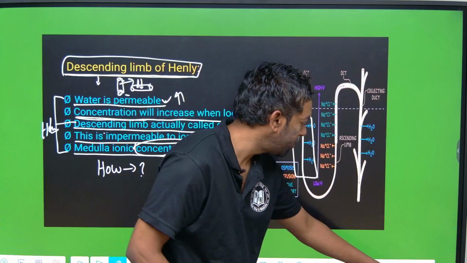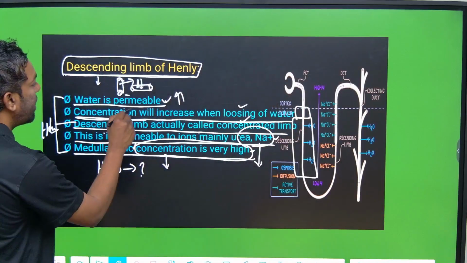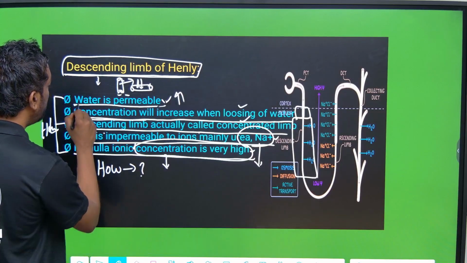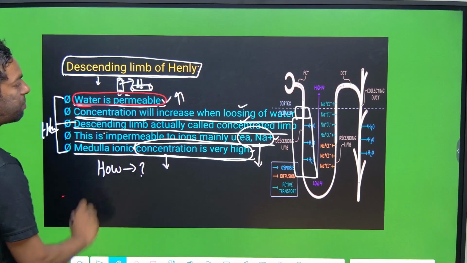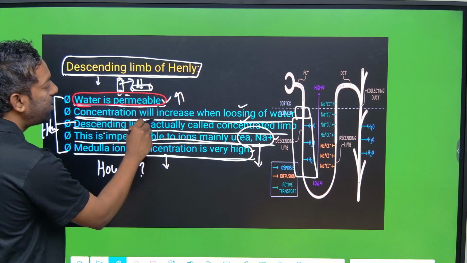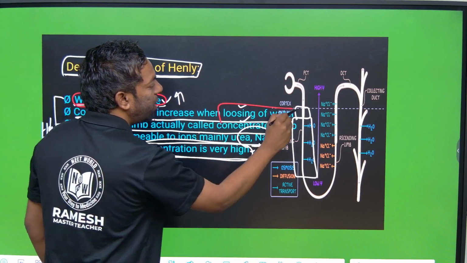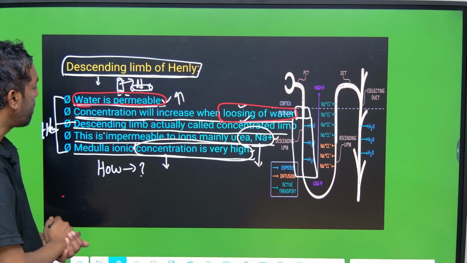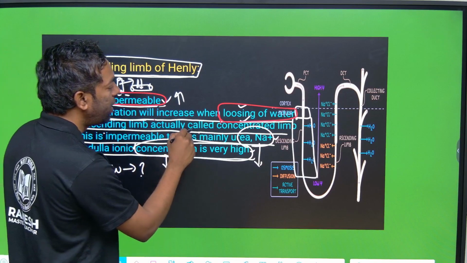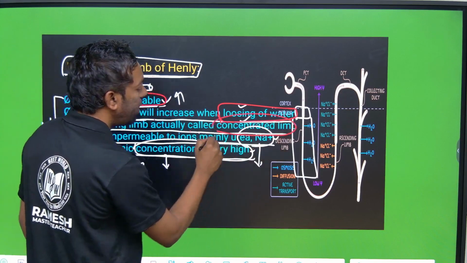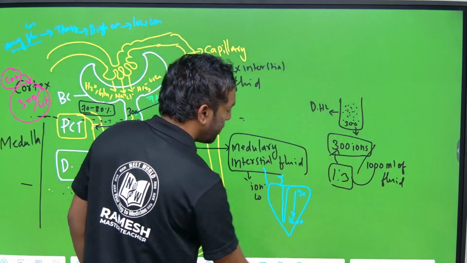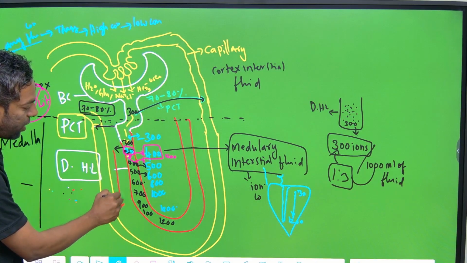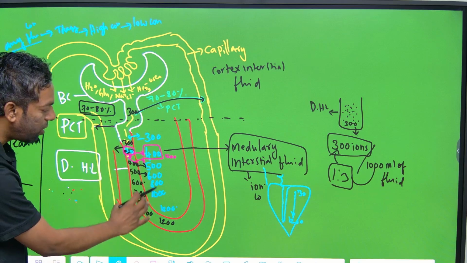We have to read the condition again. Yes, water is permeable. This condition is satisfied. The concentration will increase when there is loss of water. The descending limb is actually called the concentrated limb. Just look into this. Going down, the concentration increases.